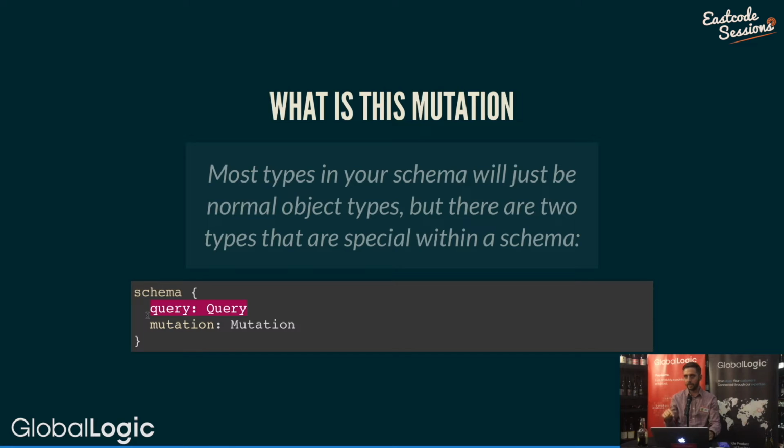But it's not really the only one that can be there on the top. You can also have mutation. So each query would be either a query or a mutation. You would say, I'm just going to be getting stuff, or I'm going to be posting something, or modifying something on the server side. So we want to implement this essentially into the schema on the top level.